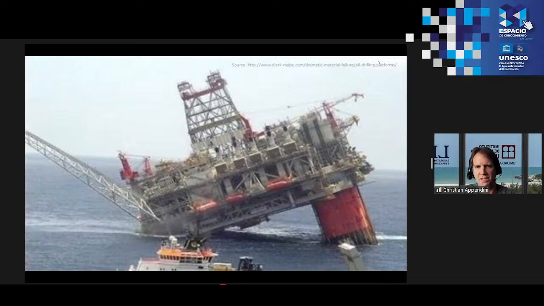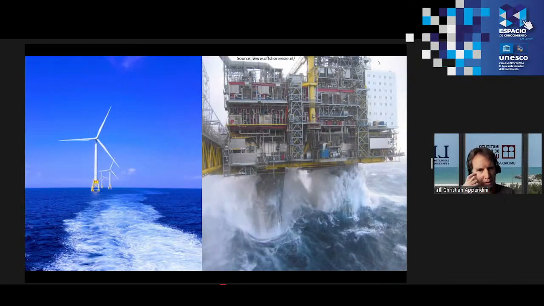And in tropical areas, the structure damage in the offshore industry is related to ocean waves from tropical cyclones. And I know that we are now leaving fossil fuels behind in a changing climate world, but this is also related to renewable energies.